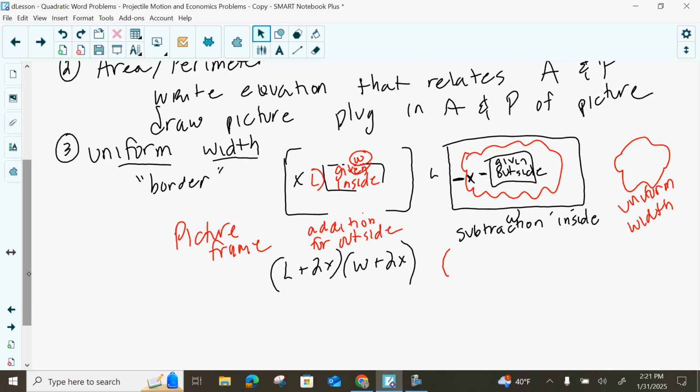So we're going to go L minus 2X, W minus 2X. Are those 3 okay so far?